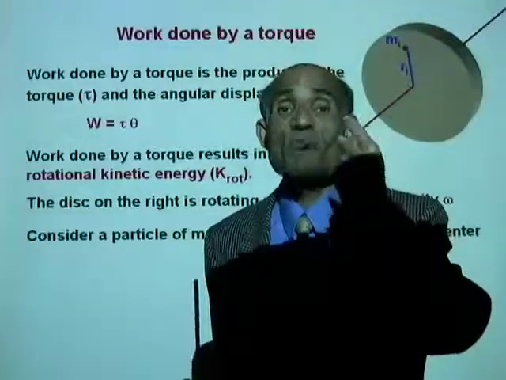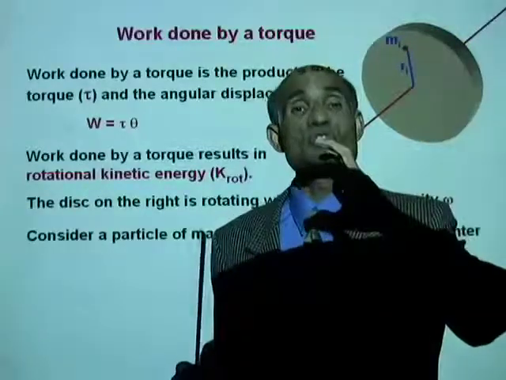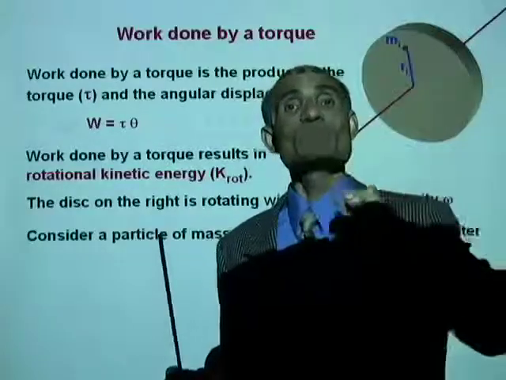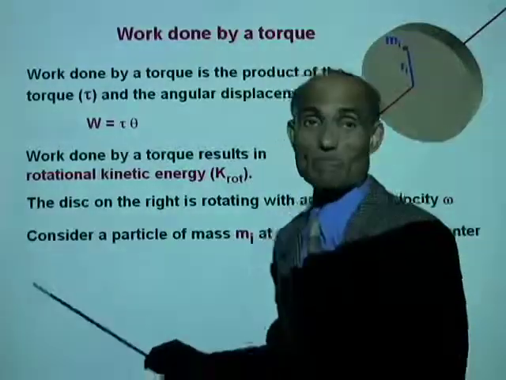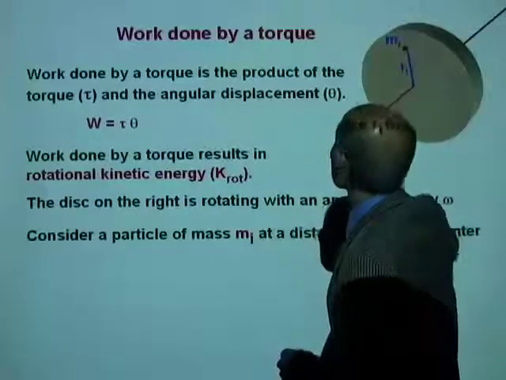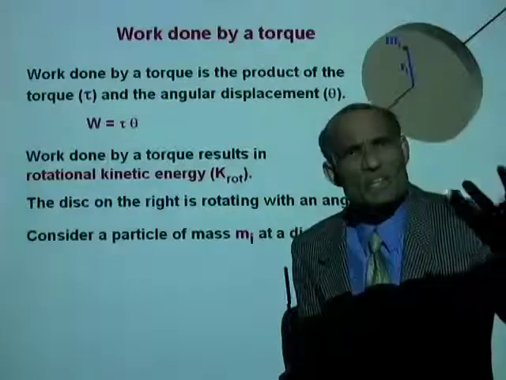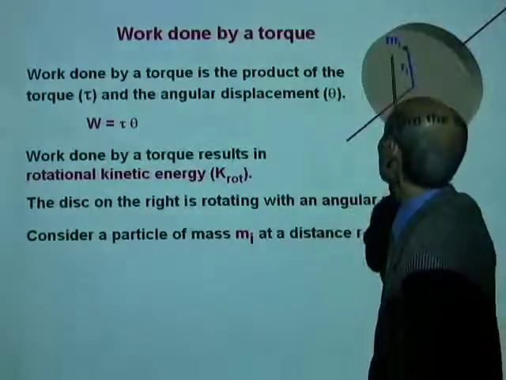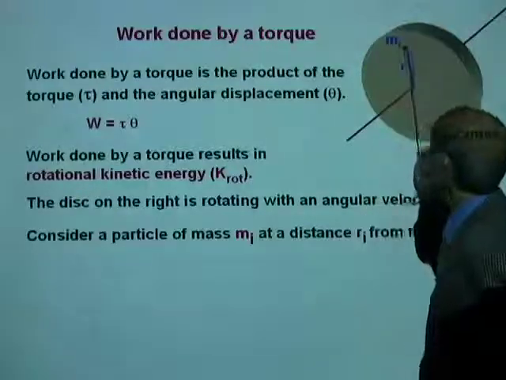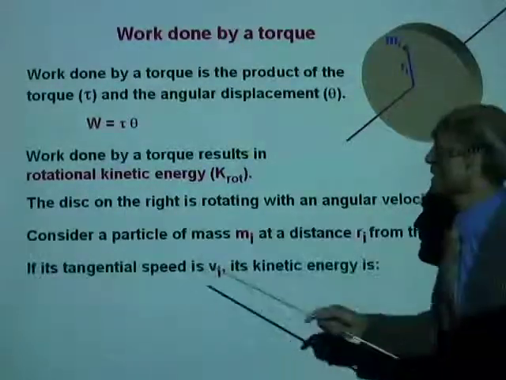If that is the first particle, the mass will be m1 and the distance will be r1. If it is the second particle, it will be m2 and r2. We will take a general case where we consider any particle called the ith particle. Its mass is mi and the distance of that from the axis of rotation is ri.